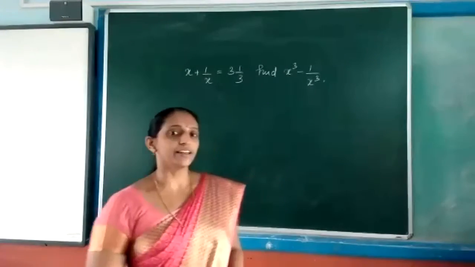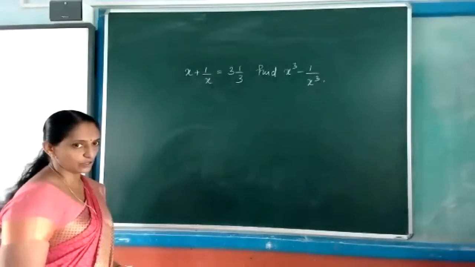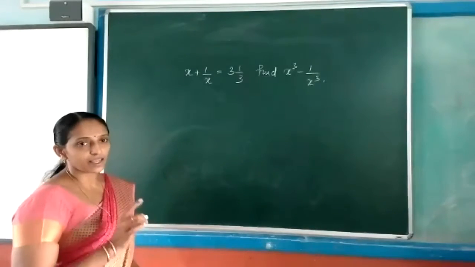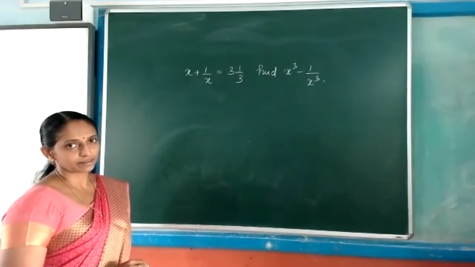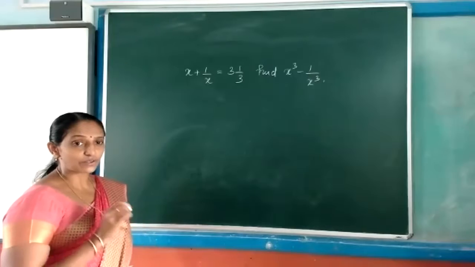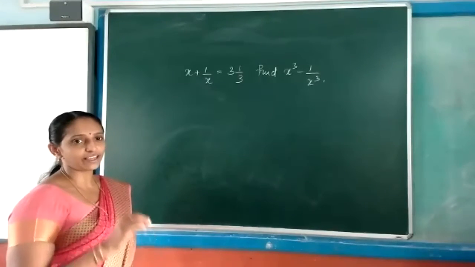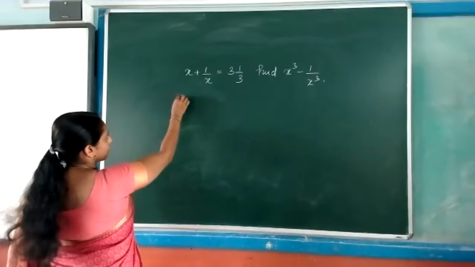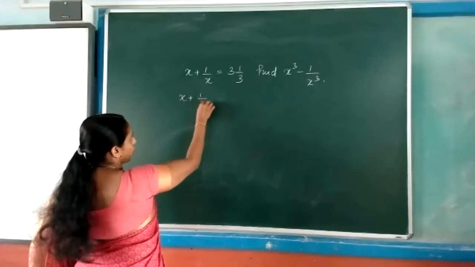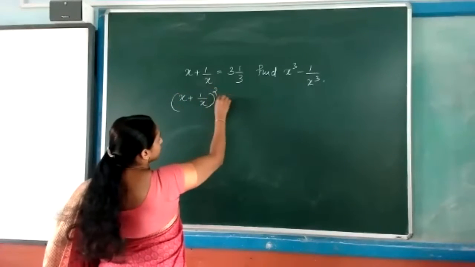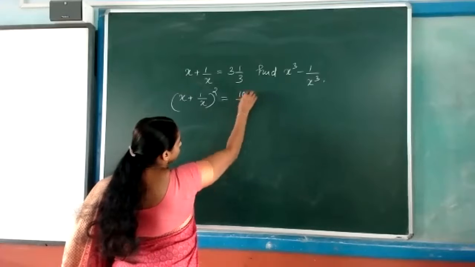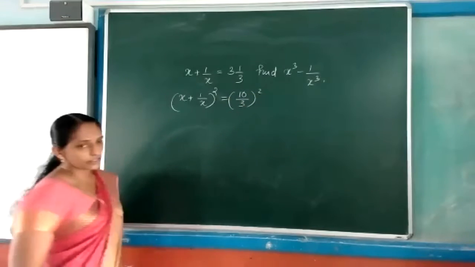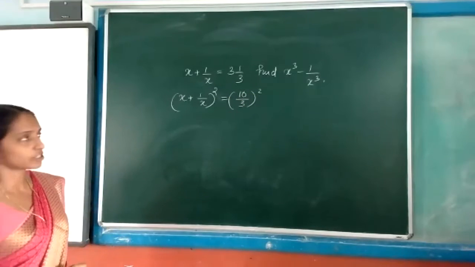We have to find x cube minus 1 by x cube. For that we require x minus 1 by x. To get x minus 1 by x, we need x square plus 1 by x square. So first of all you have to find x plus 1 by x whole square. That is equal to 10 by 3 whole square. Right? 3 whole 1 by 3 is 10 by 3.